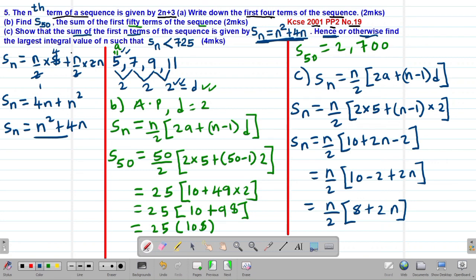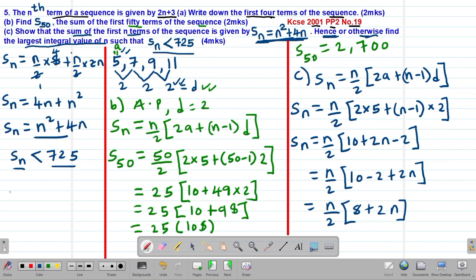So hence or otherwise, find the largest integral value of n such that Sn will be less than 725. In order for us to solve this, we are going to rewrite our equation in this particular manner.